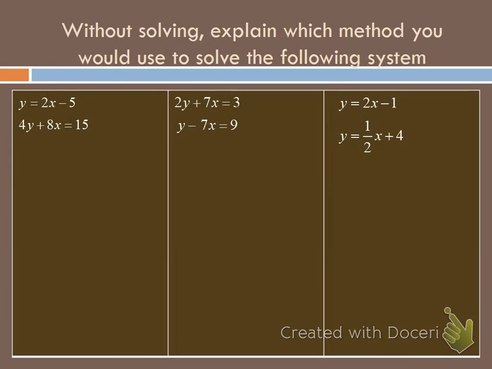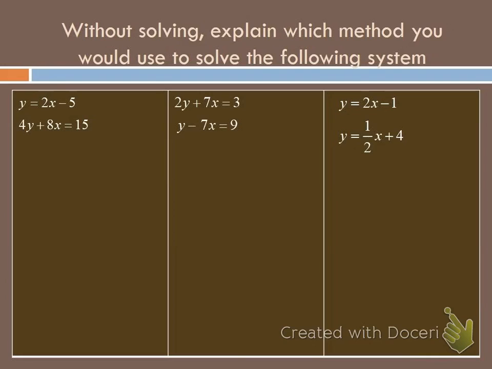Here are three systems. Which method would you use if I gave you these particular systems? Some of you like to force your way into a particular method of solving, whether it's substitution or elimination. But I'm telling you, if you can be a little bit flexible in whichever method you use, if you can use both, then life becomes a bit easier.